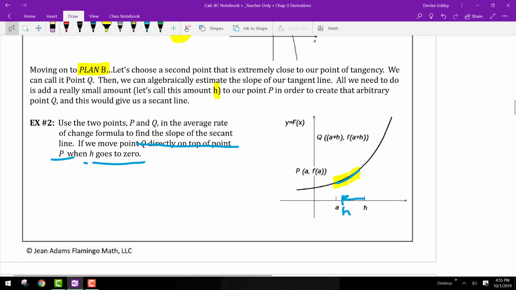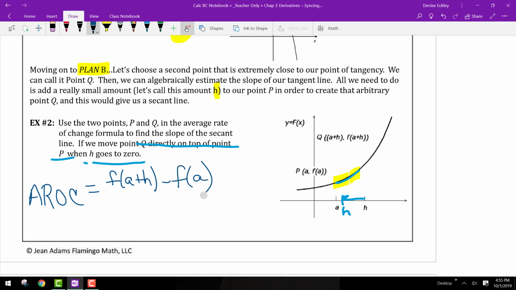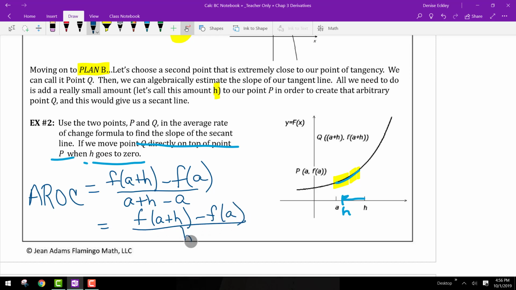So our average rate of change is going to be our f of A plus H minus our f of A. So that's our y value at Q minus our y value at P over A plus H minus A. So this simplifies to f of A plus H minus f of A all over H, because the A's will cancel. So this is our difference quotient.